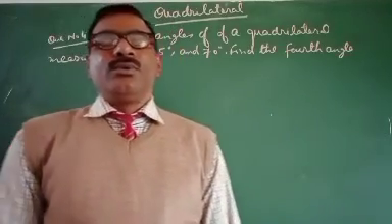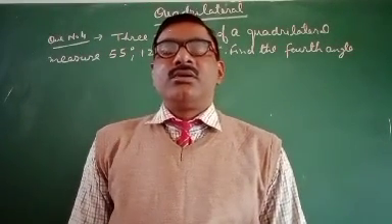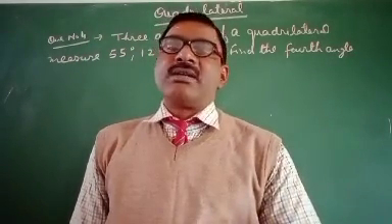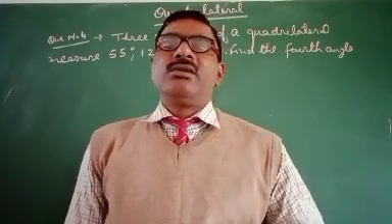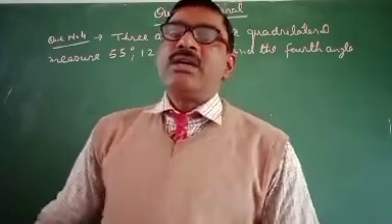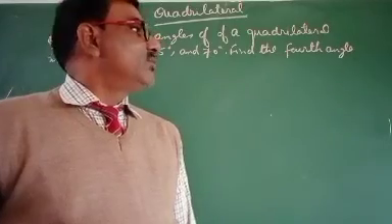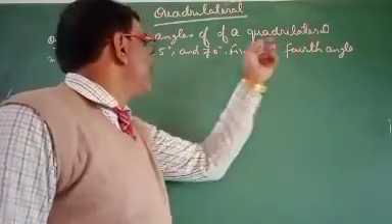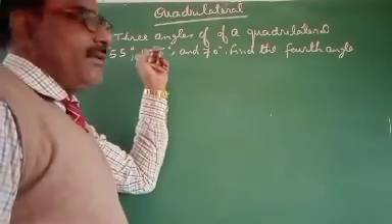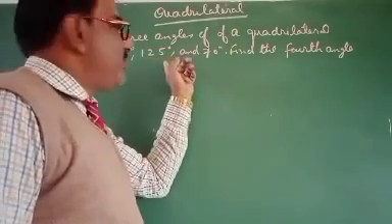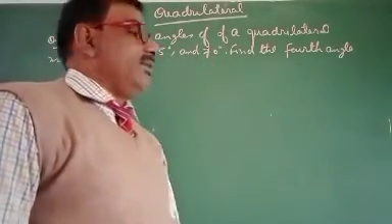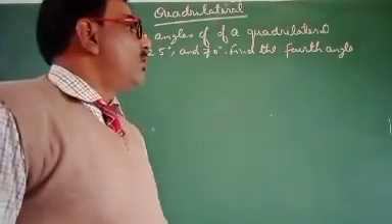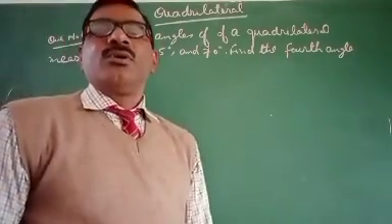We know that the sum of angles of a quadrilateral equals 360 degree. Here it is given that three angles of a quadrilateral are 55 degree, 125 degree and 70 degree. We have to find the fourth angle.